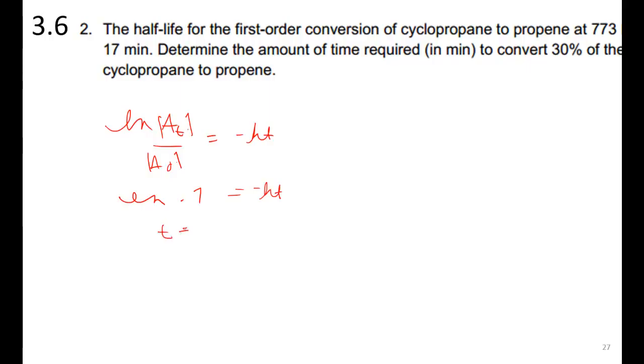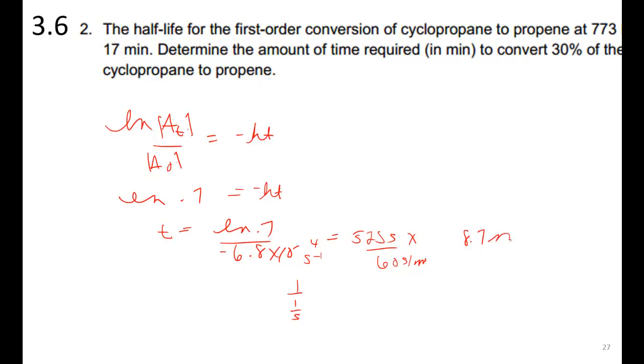So t is going to be the log of 0.7 over the rate constant, which I had in the last problem, which is minus 6.8 times 10 to the minus 4. This is going to give me an answer of 524 seconds, because this is seconds to the minus 1. So I have 1 over seconds, which gives me seconds. I want the answer in minutes, so I'm going to divide by 60 seconds in 1 minute, and I get 8.7 minutes.